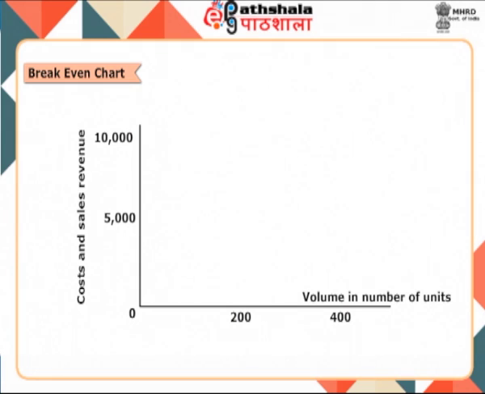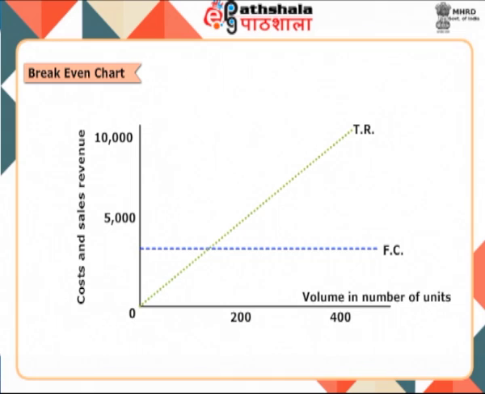A parallel line to the volume axis, that is horizontal axis, is drawn to represent the fixed cost. Draw a total sales line starting at the origin and increasing at the rate of selling price per unit. Draw a line that starts at the level of fixed cost on the vertical axis and increases at the rate of variable cost per unit.